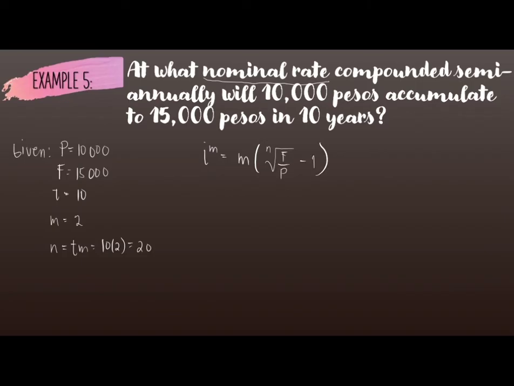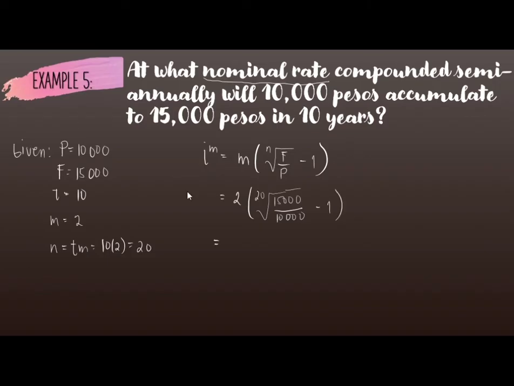Yan. Si minus 1, wala siya doon sa radical sign. Wala siya doon sa loob. Nakahiwalay siya. Okay. So, yung given m natin is 2 dahil semi-annually. Then, yung n natin or t times m is 20. Then, future value is 15,000 over 10,000 minus 1.